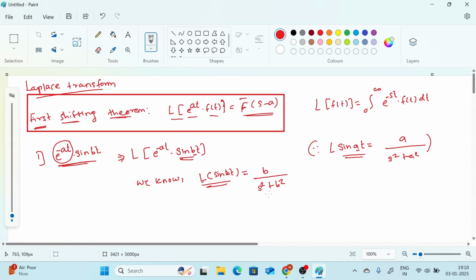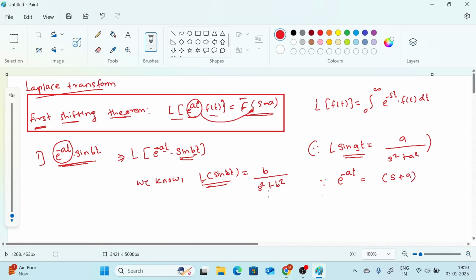Now when e raised to at is there, then we have f bar of s minus a, right? Similarly, the only simple change in this problem is that we have here minus at, right? So we just need to use the logic here. When you have minus at, then only a small change will be there. You are going to use s plus a.